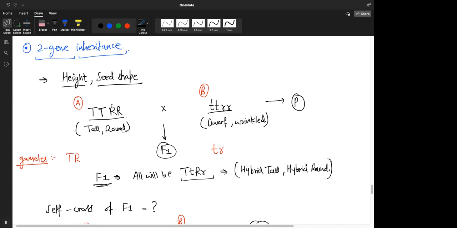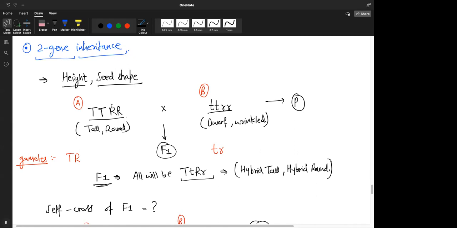Then from the phenotypic ratio, the first filial generation, we got gametes: capital T and capital R, and small t and small r.